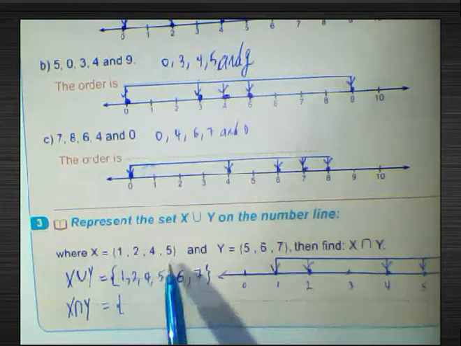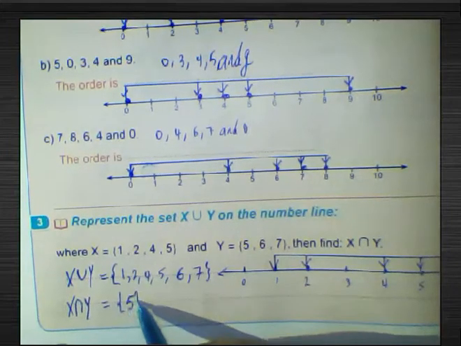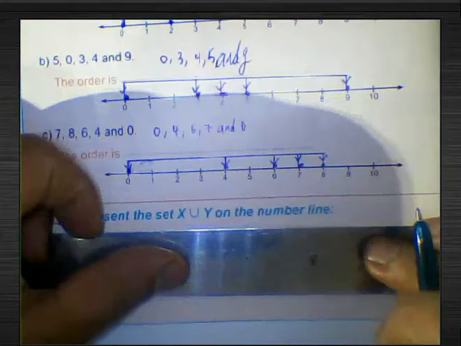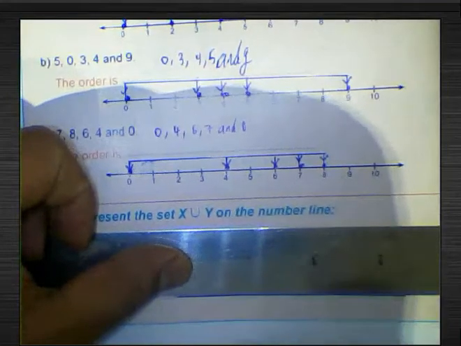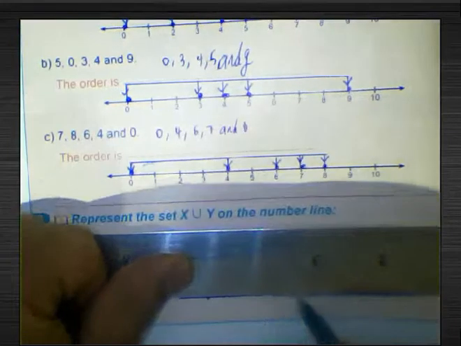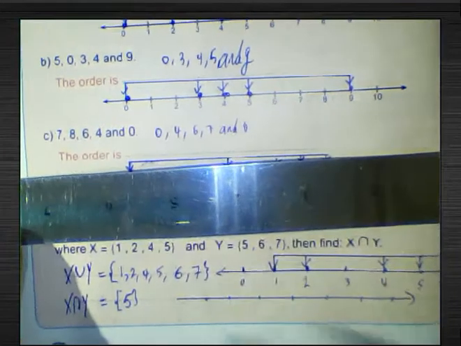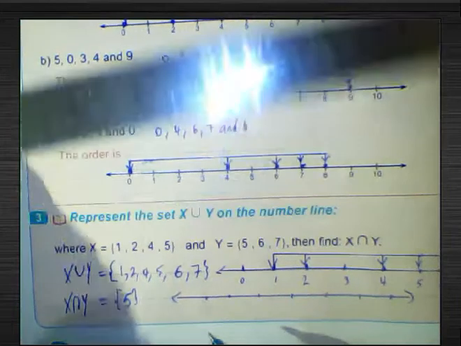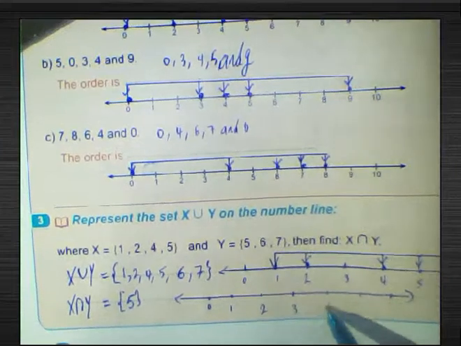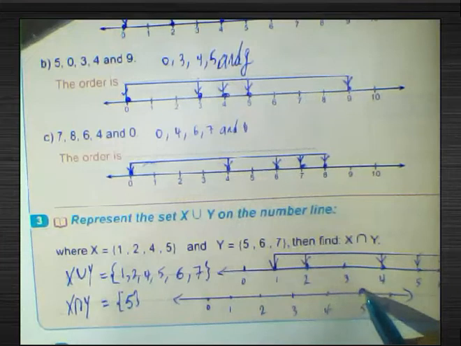We have 5 only, so you have one element here, and then draw the number line, and you can limit this point here, and the distance between each point equals 1 centimeter, beginning with 0, and write 1, 2, 3, 4, 5 and 6. We have only one digit here, which will be 5.